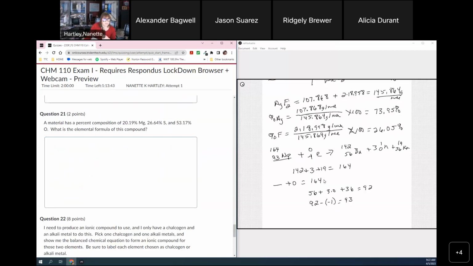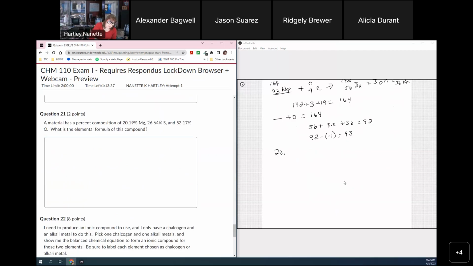Material has a percent composition of 20.19% Mg, 26.64% S, and 53.17% O. What's the empirical formula of this compound? So again, the way that we handle this is to find the smallest whole number ratio between those components for that empirical formula.